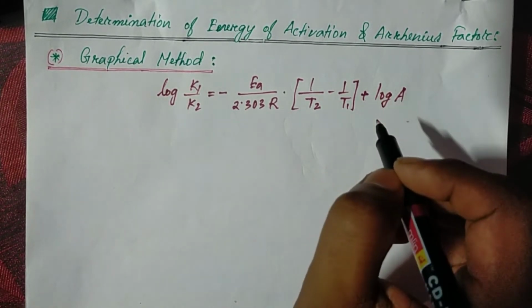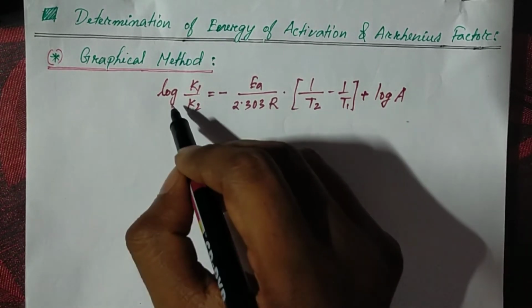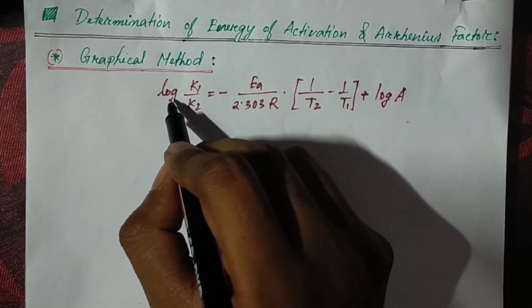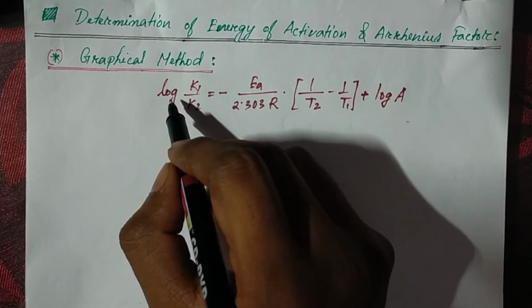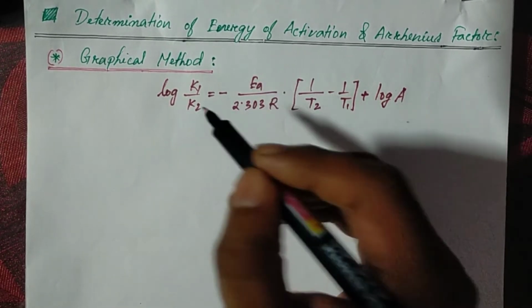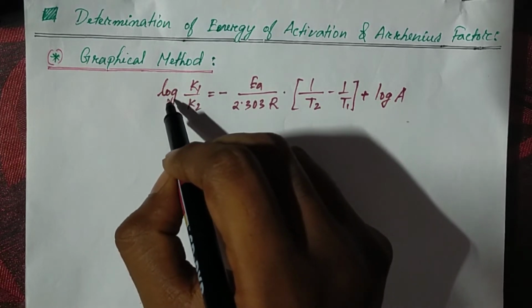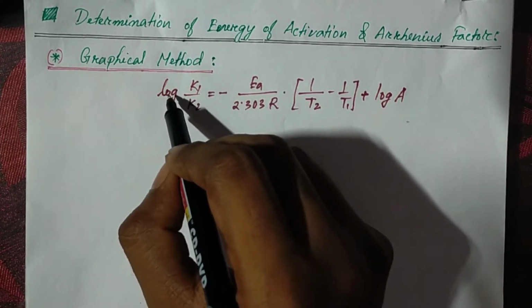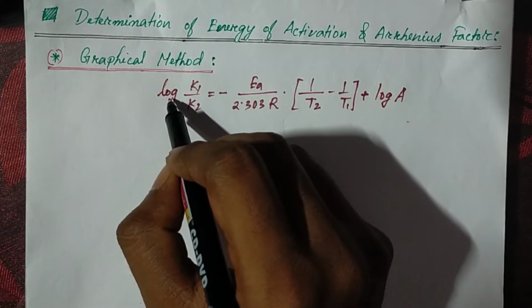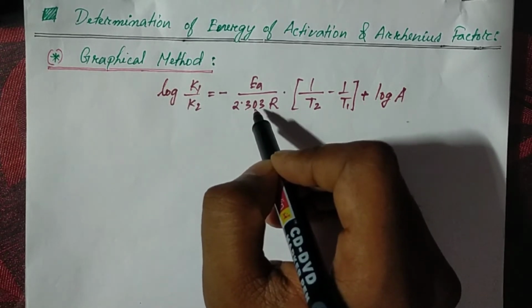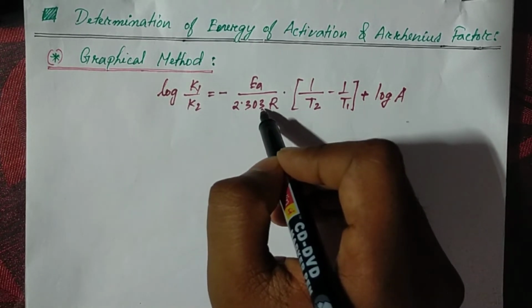In this equation I have written log, and in the previous one I wrote ln, so as I am writing log, I have to write 2.303.